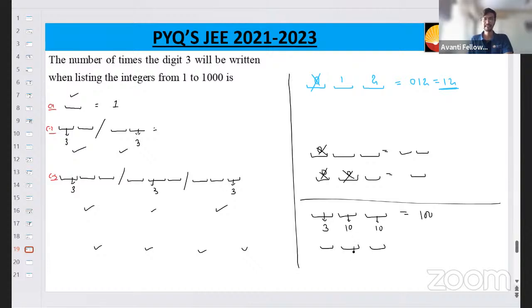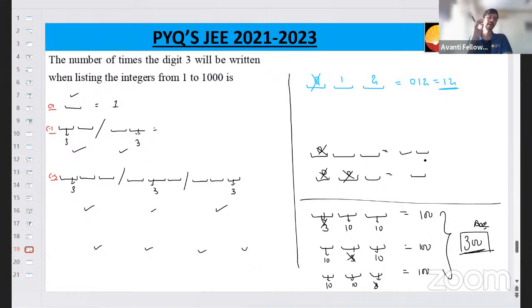If 3 is in the second position, we have again 10 choices here, 10 choices here, we get 100. If 3 is third position, we have 10 choices here, we have 10 choices here. This is also 100. So my total will be 300, which is my answer. Correct? So this is my answer.